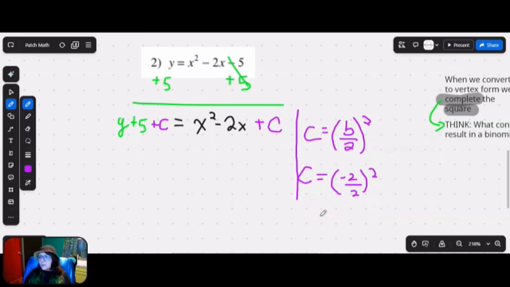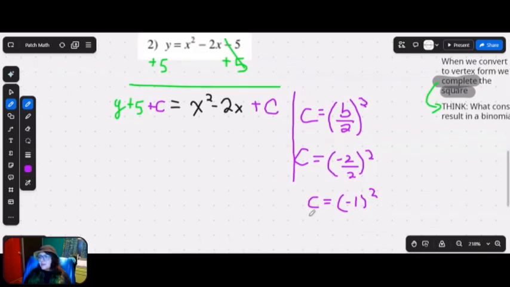Now, I'm going to write this out because the number inside your parentheses is important. Hold on to it. And then we'll find that negative 1 squared. Well, that's just 1. What we do to one side, we must do the exact same thing to the other. And then we bring everything on down. That C is equal to 1.